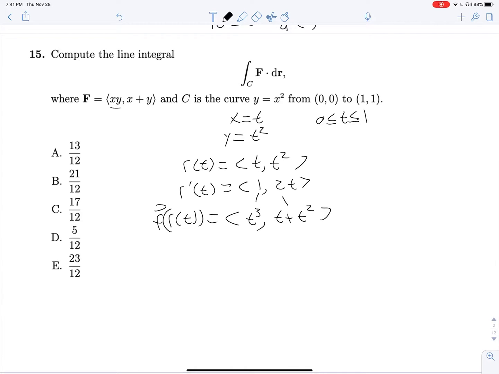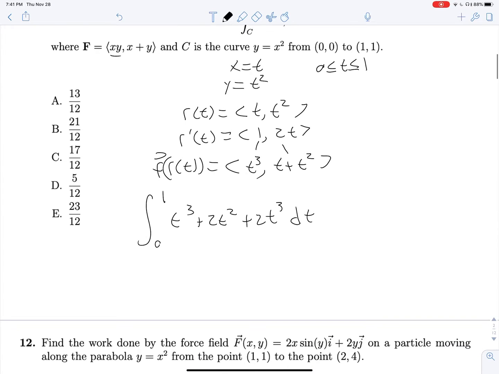So now dotting these guys and setting up our integral from 0 to 1, we get t cubed plus 2t squared plus 2t cubed dt, which is the same thing as the integral from 0 to 1 of 3t cubed plus 2t squared dt.